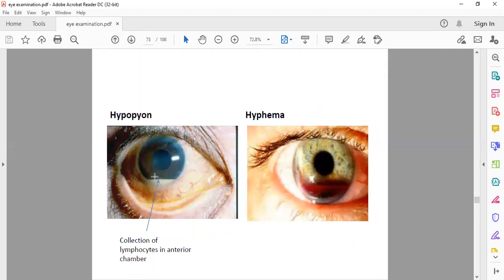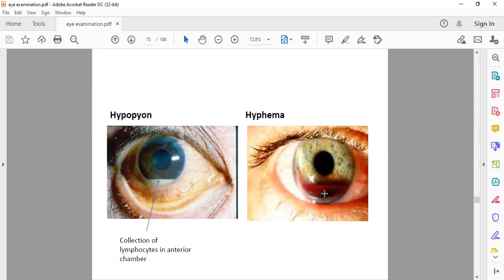So when the patient is sitting for 5 minutes, then you can see a nice level. This is the upper level of hypopyon. This is linear. This is a line, and beneath that line, you can see the collection of lymphocytes. So this is hypopyon. Hypopyon is seen in patients with corneal ulcer, and hypopyon is also seen in patients with acute uveitis. So these are the causes of hypopyon.